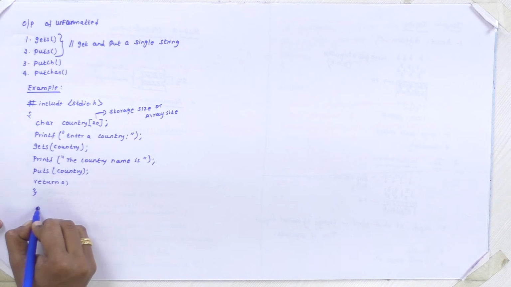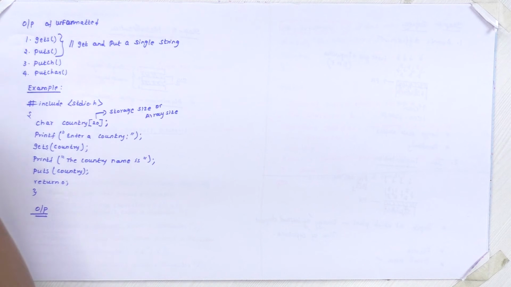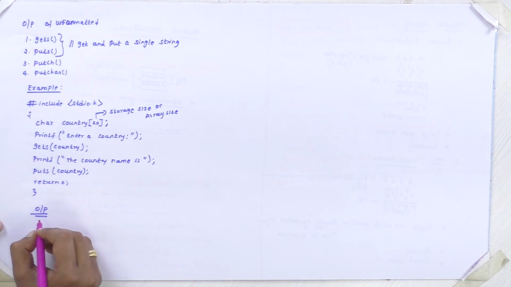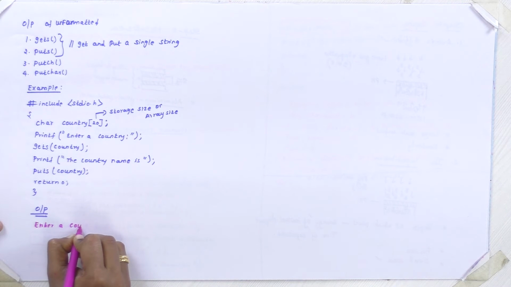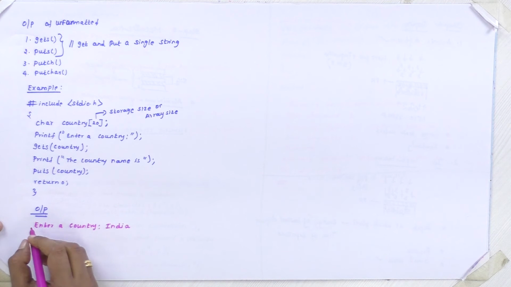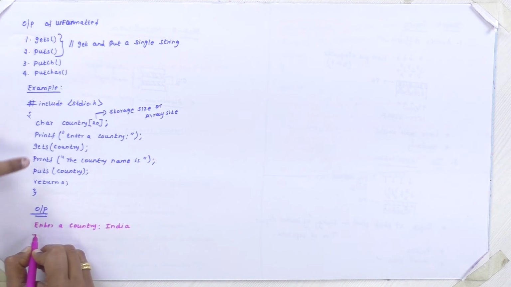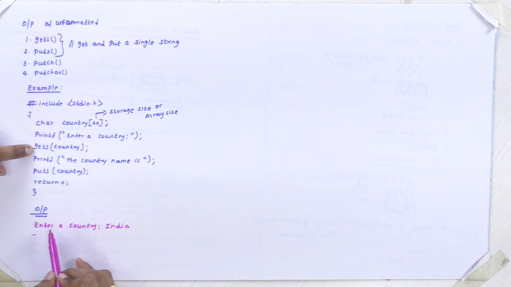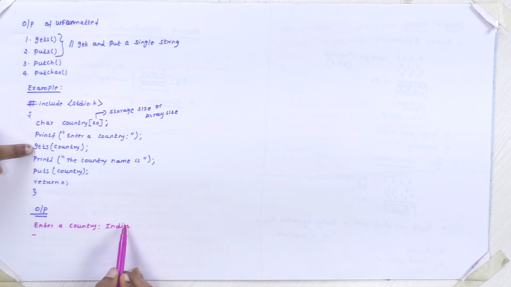So the output will be: enter a country. It will ask for the country name. For example, the user can type a country name as India. So you can get a single string.